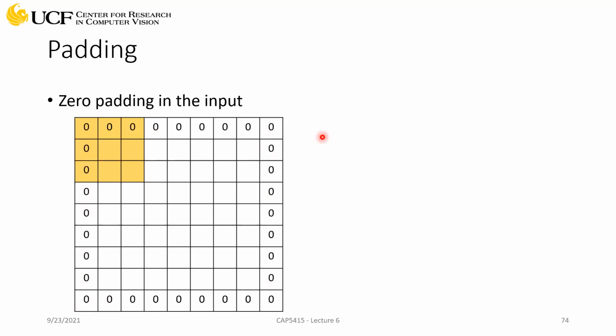So in all 4 directions, you're just adding 0. This is 2 dimensions. If you have 3 dimensions, again, you will have to do padding in all the dimensions. And again, you can have padding of 2. In this case, you will have 2 columns of 0 or 2 rows of 0 on all sides. So that's called padding.